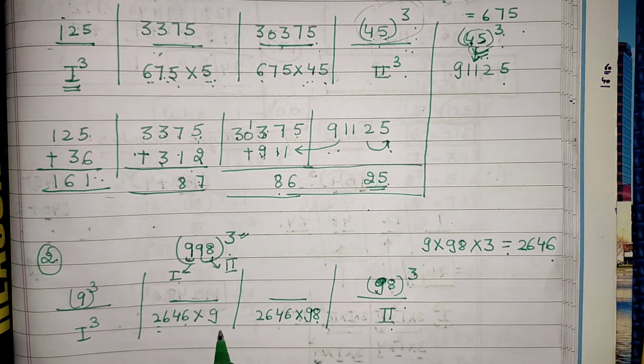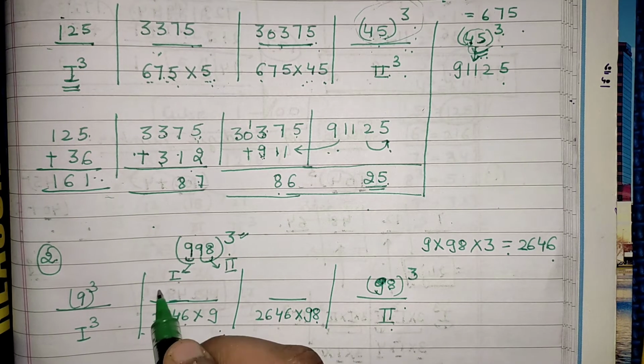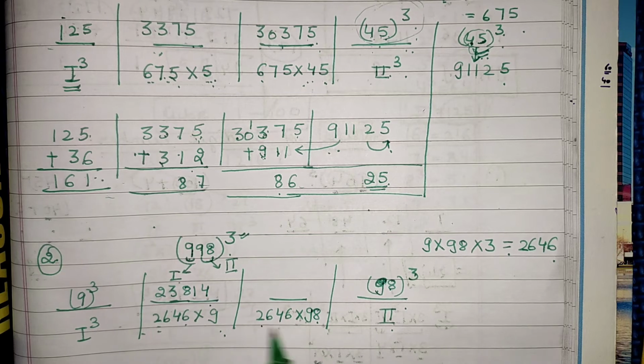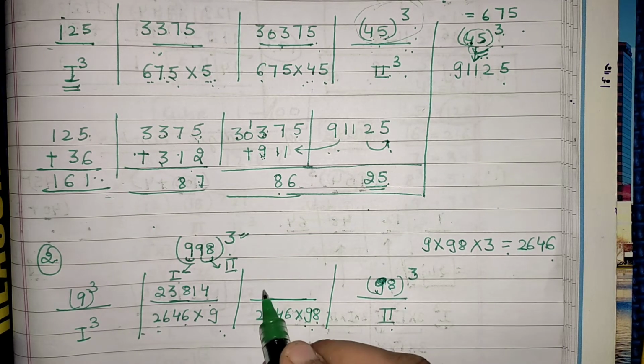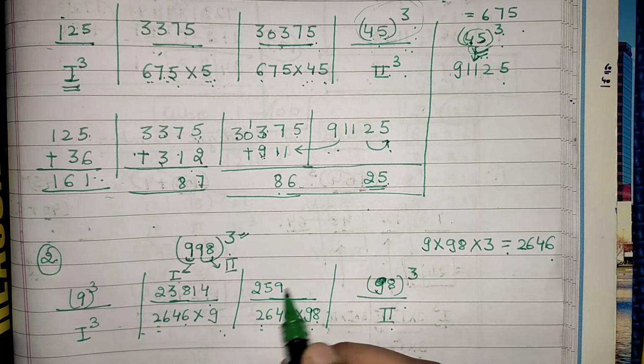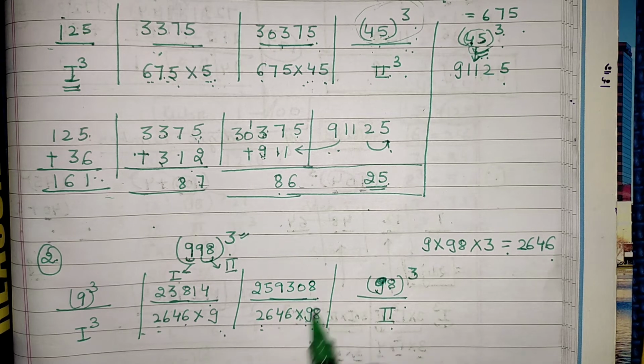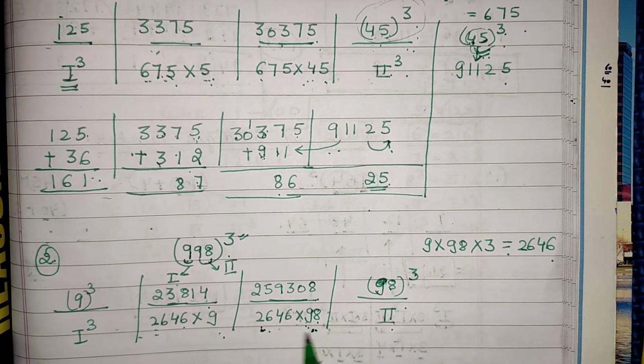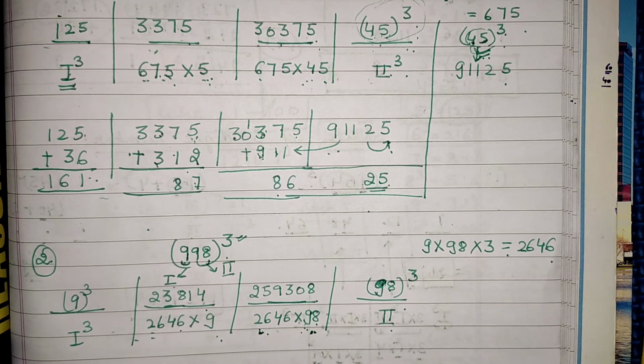So when you multiply this value by 9, then what you will get? You will get 23814, and when you multiply this value by 98, then you will get 259308. So on my channel you can also find the trick on how to do fast multiplication of such big numbers.